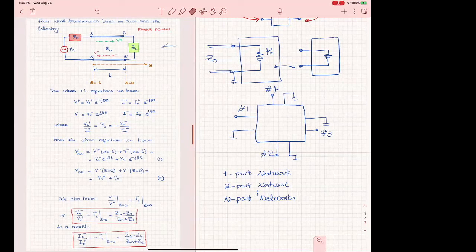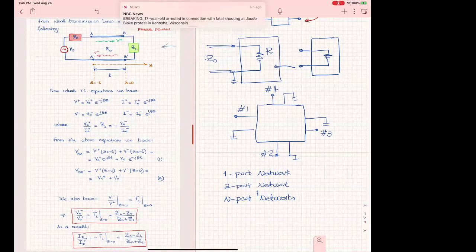For the sake of the material we cover, and so you don't make mistakes in the future, you will always remember that only linear networks can be characterized with the matrices we are going to define, because only then can they have a unique characterization using those matrices.